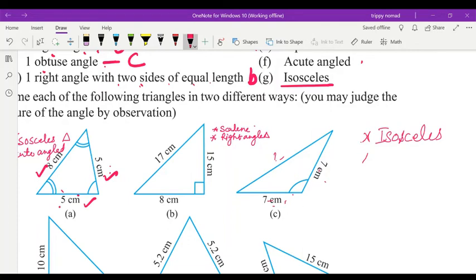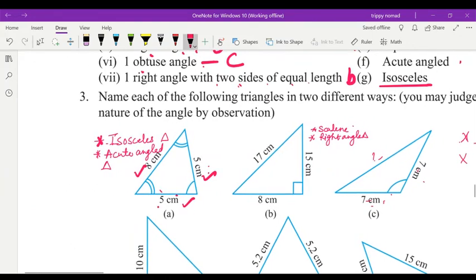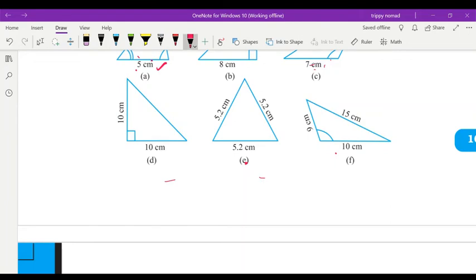And next, obtuse angled triangle. I hope you understood. And same way, children, all these three parts you can do. These two are isosceles and 90-degree right angle, and the equilateral triangle, and all angles are less than 90, so acute angle triangle. Same way you can do all these parts.